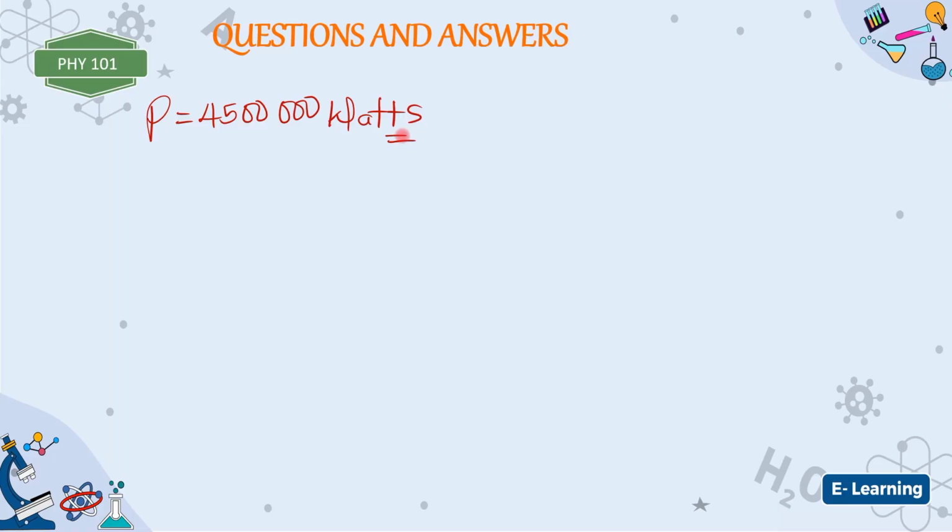So you must ask yourself, how many watts make 1 horsepower? It's about 746. So we can say 1 horsepower is 746 watts.